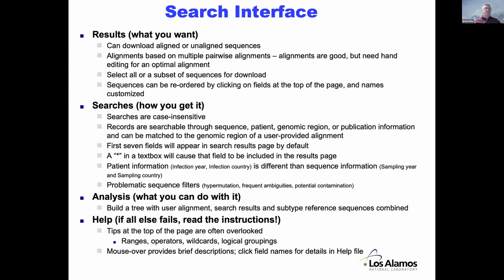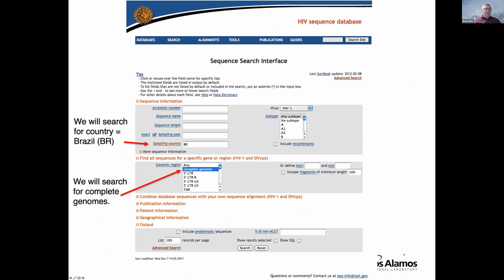The search interface allows you to search and then download the results aligned to each other. You can build a phylogenetic tree from the results right from the search interface results. The search interface looks like this, where there's separate blocks of information you can search on.